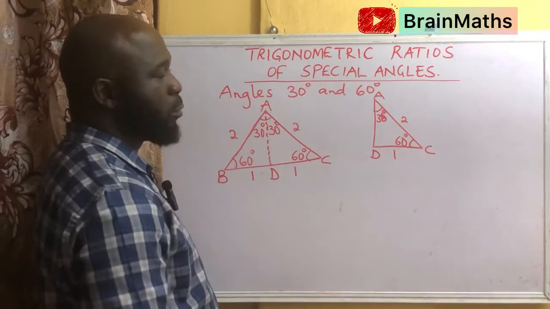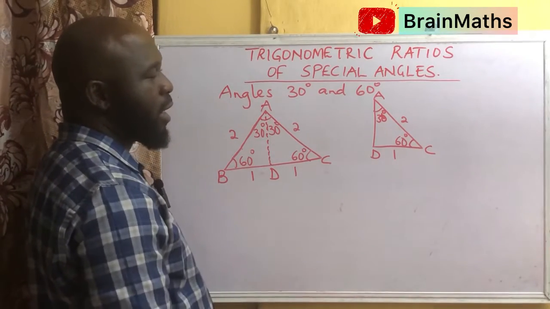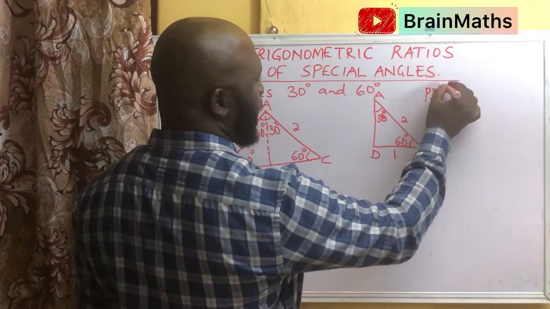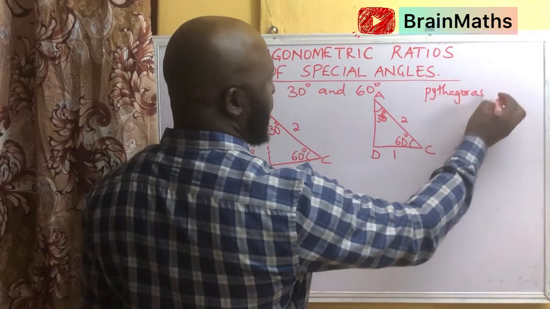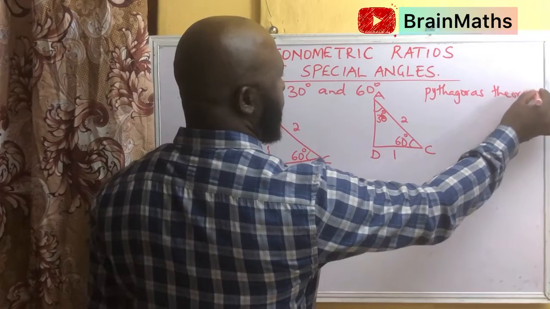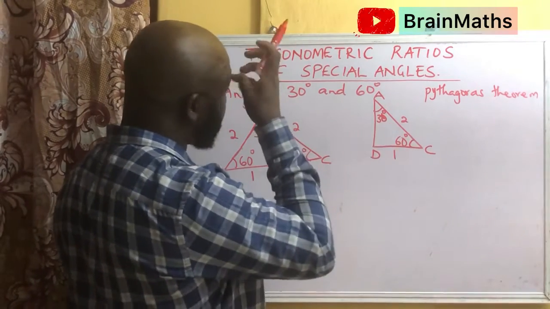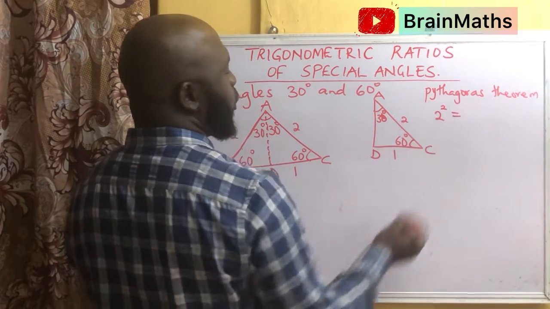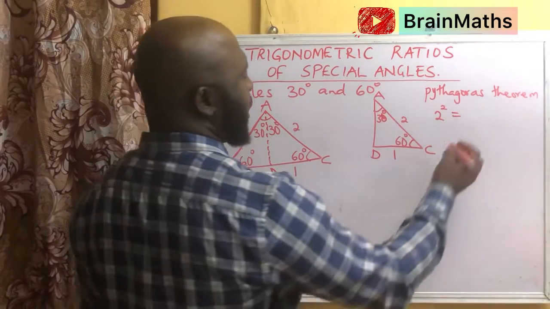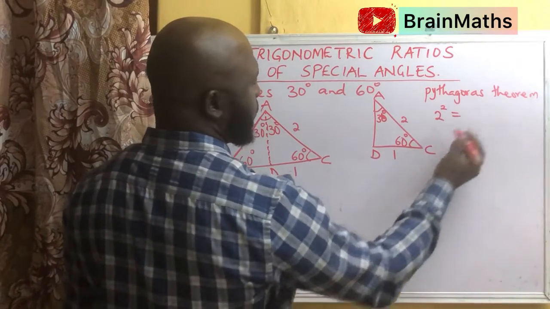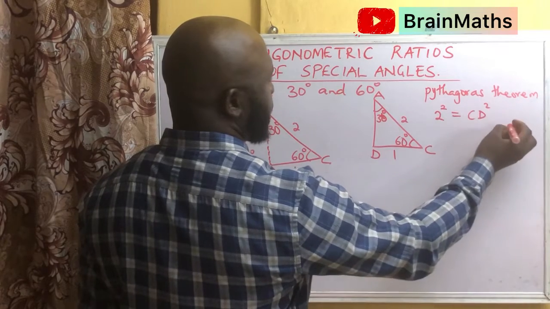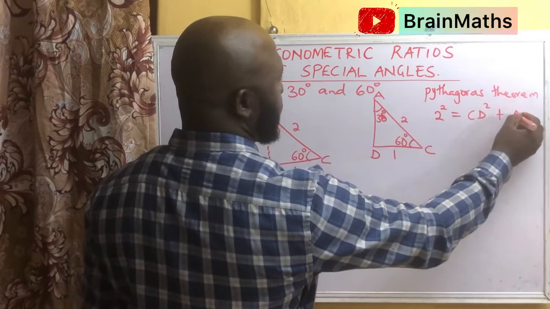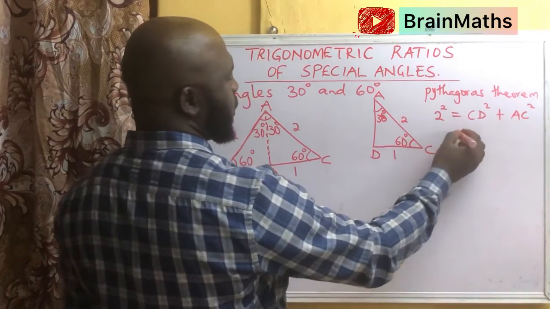From what we are looking at on the board, this represents another right triangle. So by Pythagoras theorem again, the square of the hypotenuse is equal to the sum of the squares of the two other sides. AC squared equals CD squared plus AD squared.